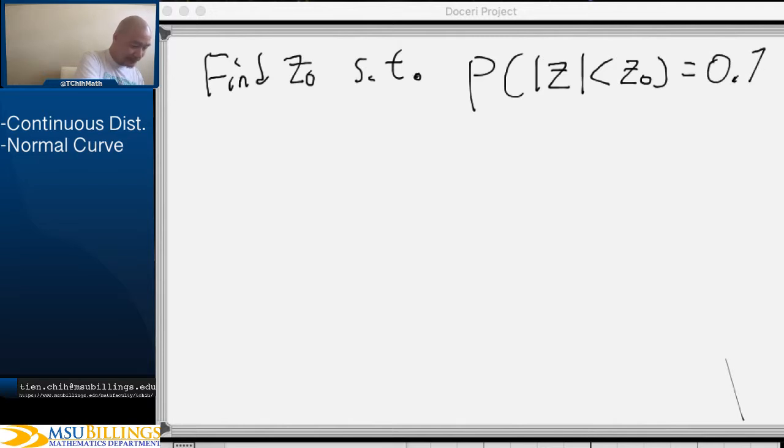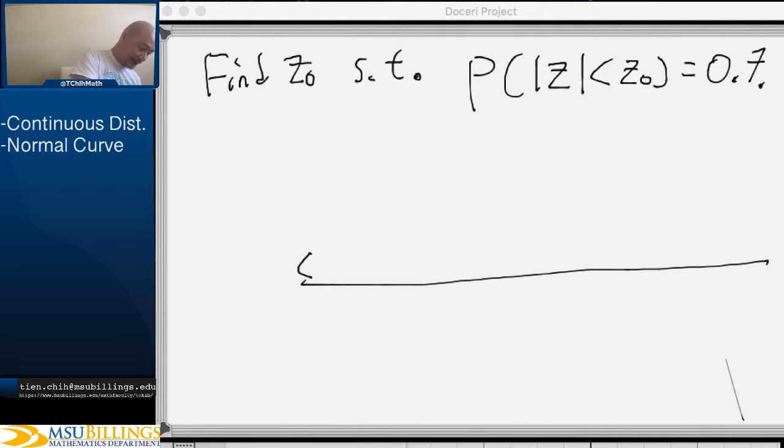I don't know, 7. Why not? Okay. And so it's important to note what it means for P of the absolute value of Z to be less than z naught.